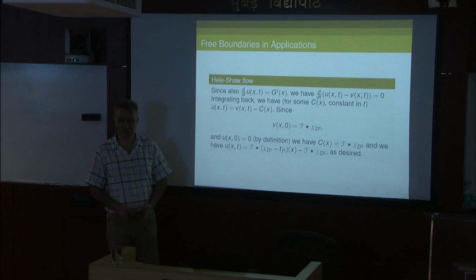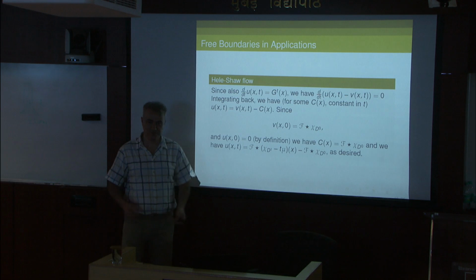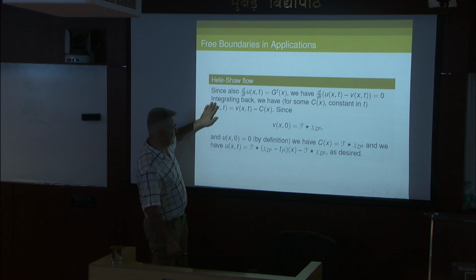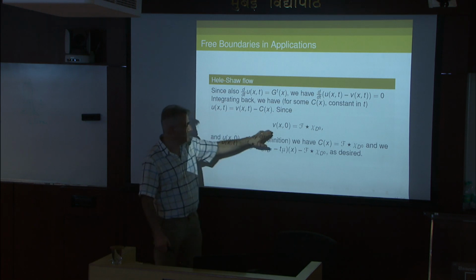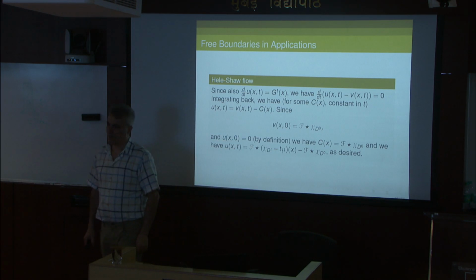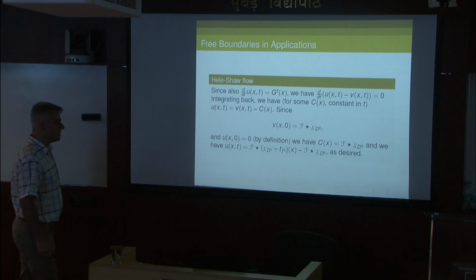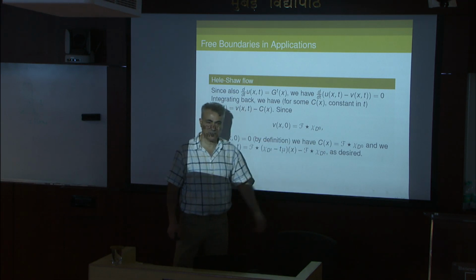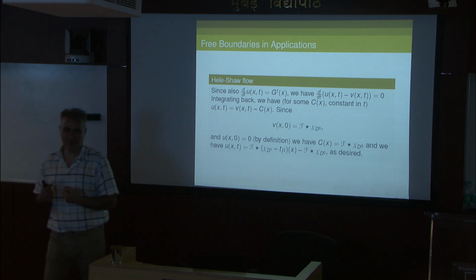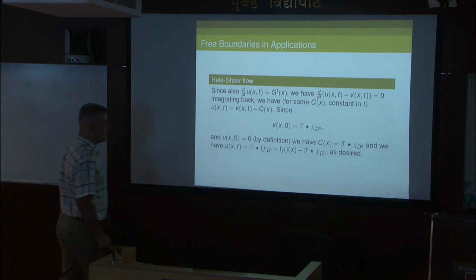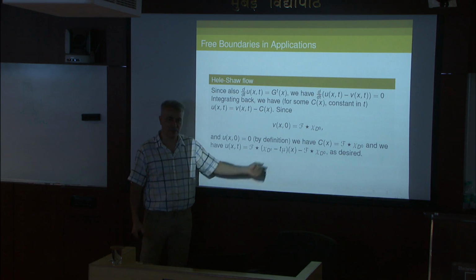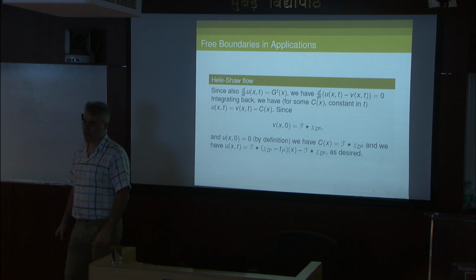This is by definition: the integral from 0 to 0 is 0. So this is 0, and c has to be equal to v_0. And at time 0, v is exactly it. So c(x) is, you see, we get back v_0 here again. So what I claimed from the beginning is exactly correct. So this should be the solution.